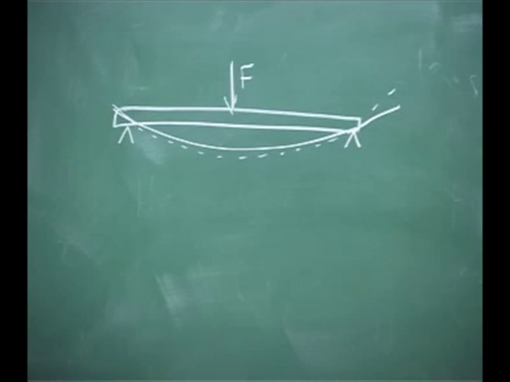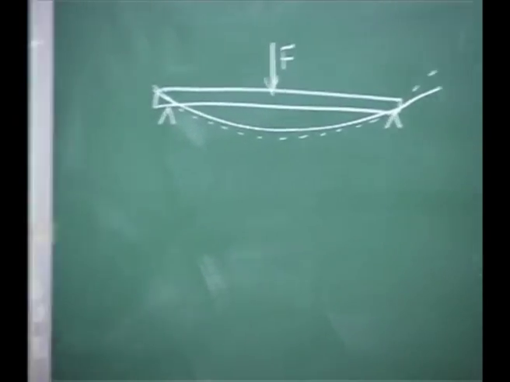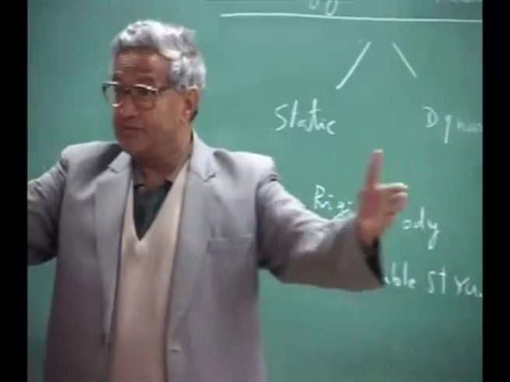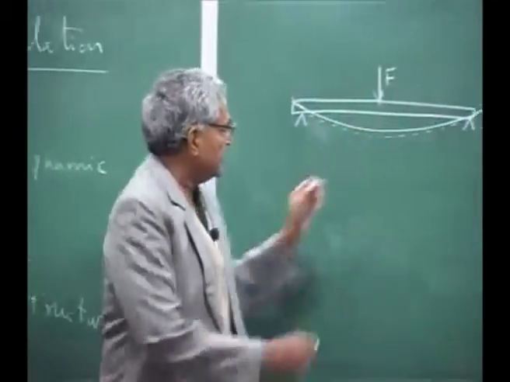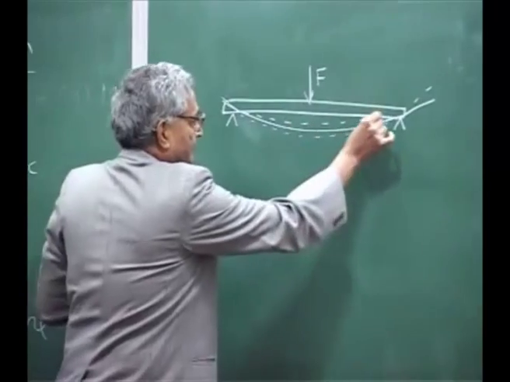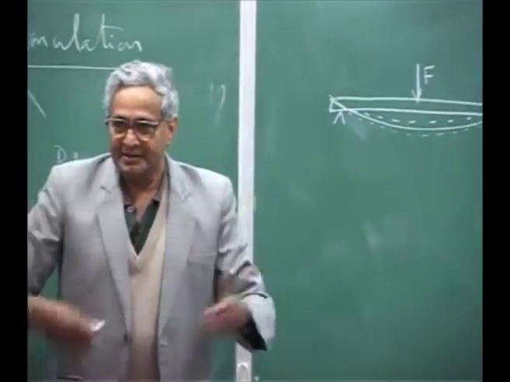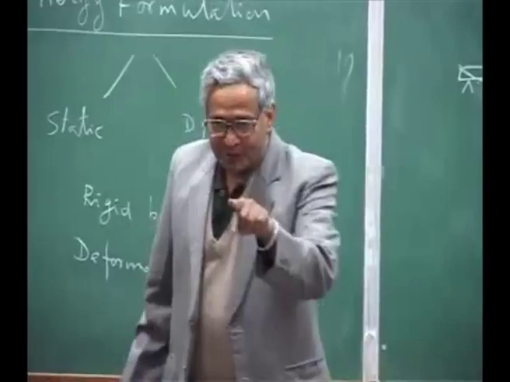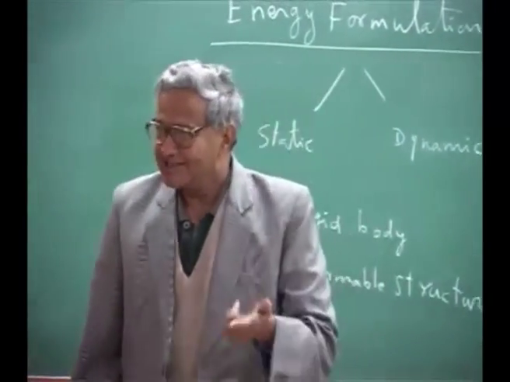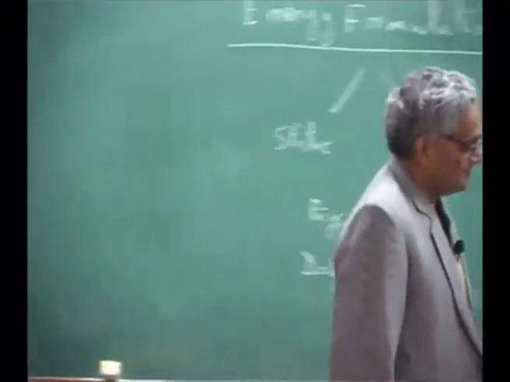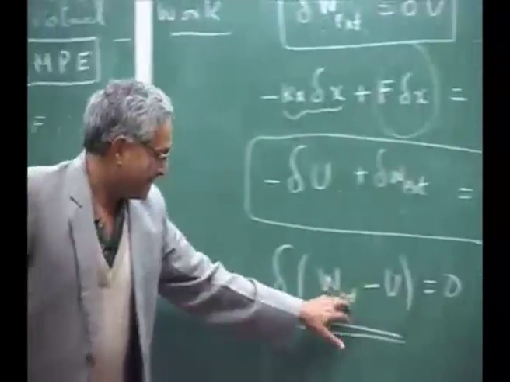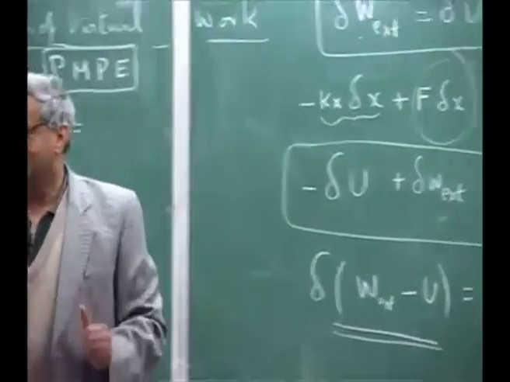Why does it choose that particular deformation, you may call it pattern or configuration, among all possible configurations? Because you can have it like this also, or like this, some other line. There are several ways, but it chooses only one. So essentially what you are saying is, it chooses that particular configuration for which the first variation is 0.